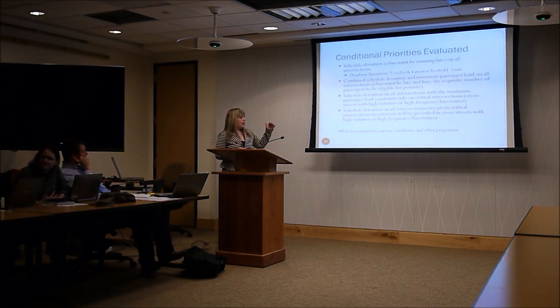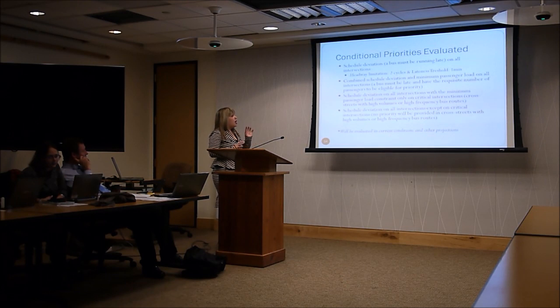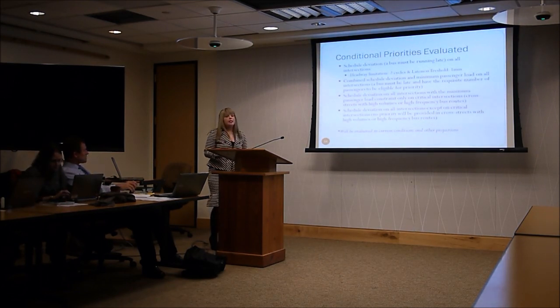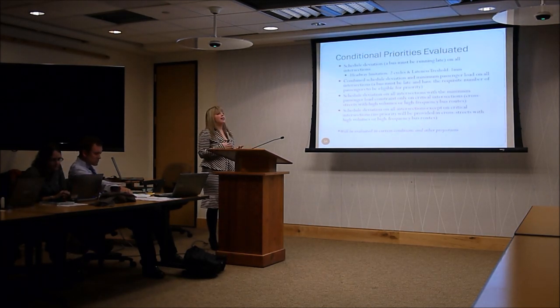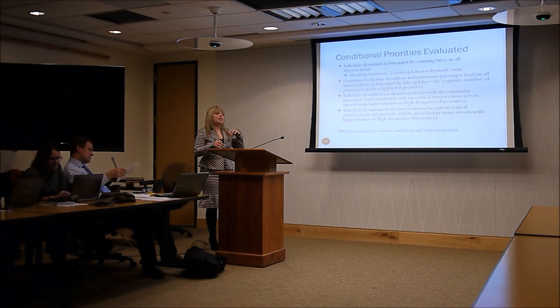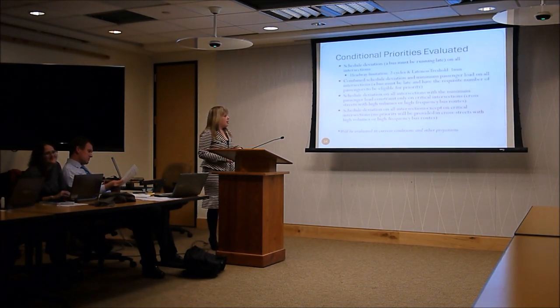So I'm also comparing that, and also applying the load constraint only on the critical intersection. I'm playing with different combinations of priority to see what works best depending on the corridor characteristics and specifically on the intersection that we're analyzing.